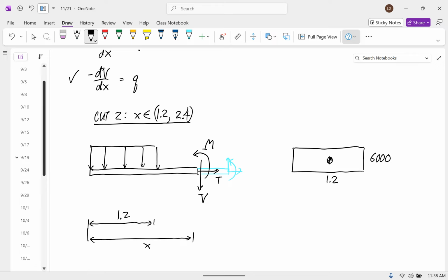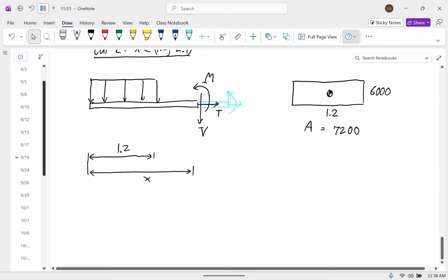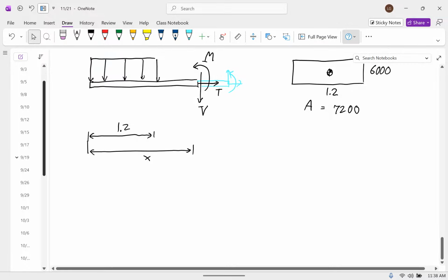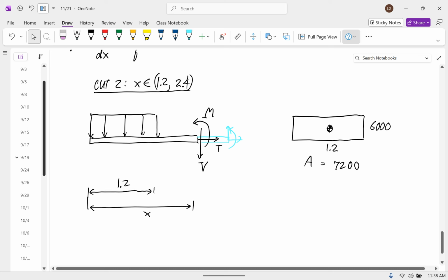Once you're past a distributed load, it just goes back to being a number at a fixed location. So the area here is 7,200. And the location to the centroid is 0.6.